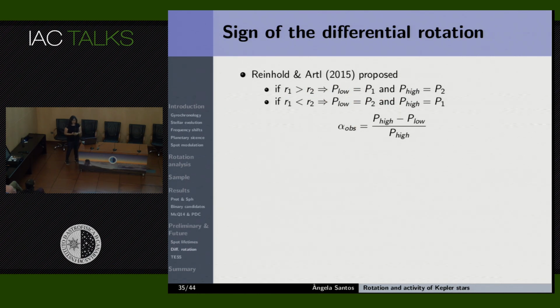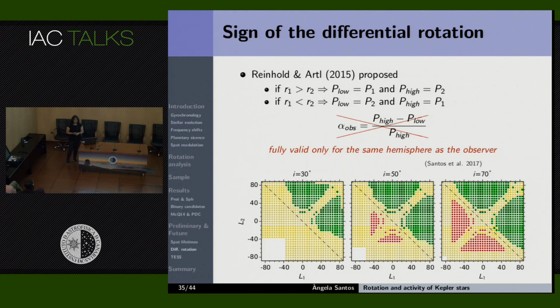Another property that we are planning to obtain for all these stars is an estimate of differential rotation. One of the methods that we will apply, which we tested in 2017, is from Reynolds and Arlt, who proposed a method to obtain the sign of differential rotation, and we have shown that the method was not completely valid.